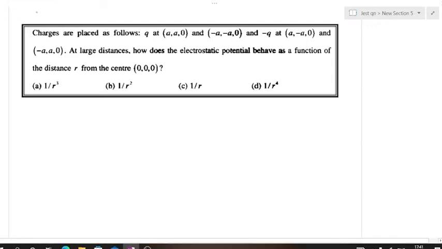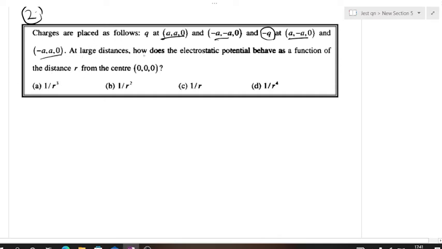This is question number 2. Charges are placed here and here, that is plus q, and another minus q is placed here and here.